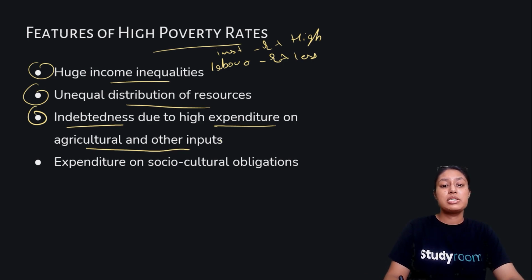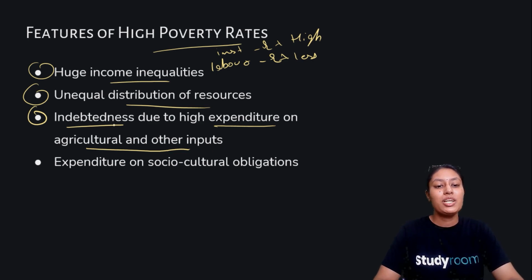If a person has invested so much in agriculture, be it resources, technology, or all the material required in the agriculture sector, but the output is not that much, that is again a core reason.